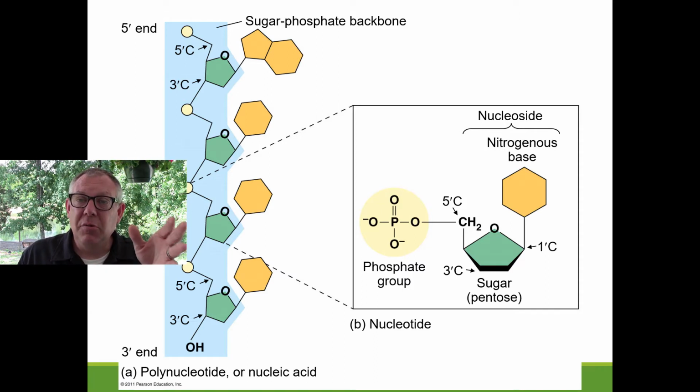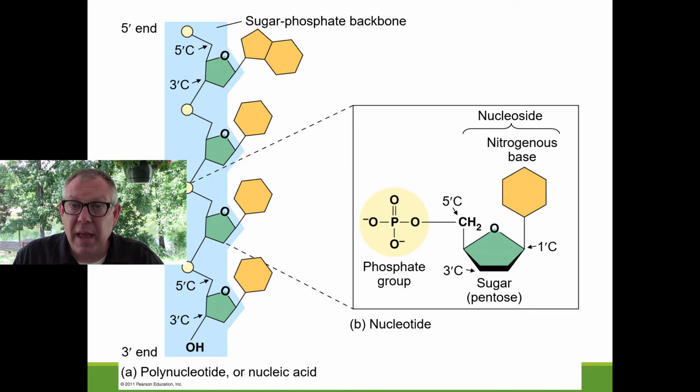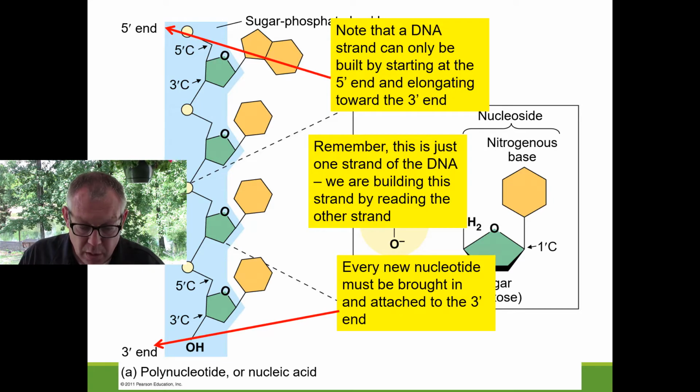Well, the only place you can find such an open carbon is at the 3' end of the strand. If you look at this strand here, the 5' end, well, there's a phosphate on there. There's always a phosphate on the 5' end. And so the new nucleotide is going to come in and attach to that 3' carbon.